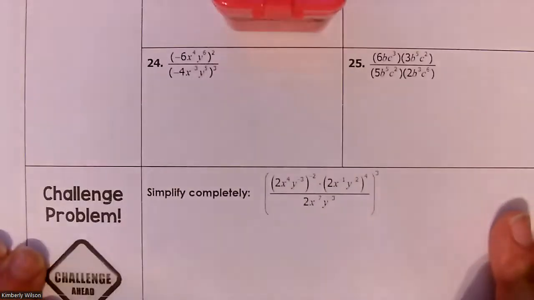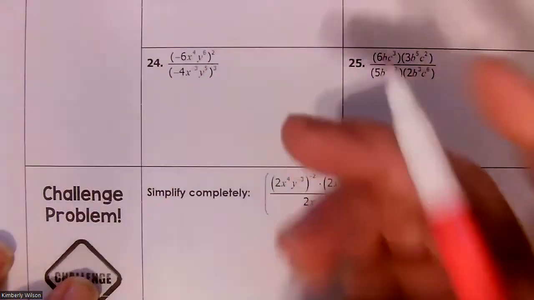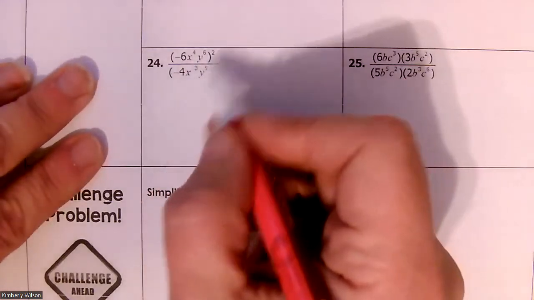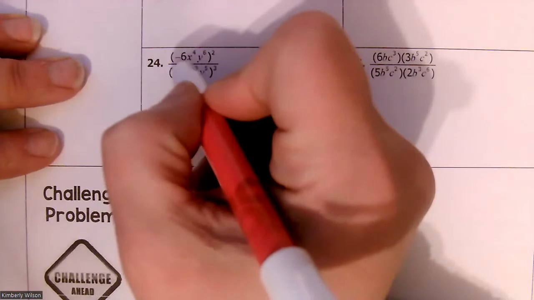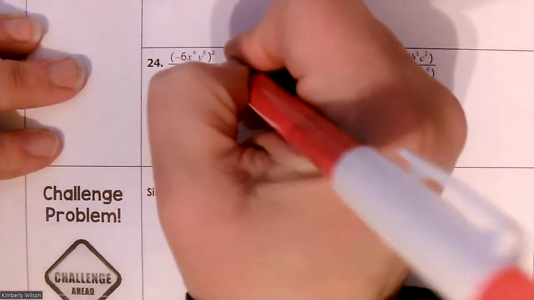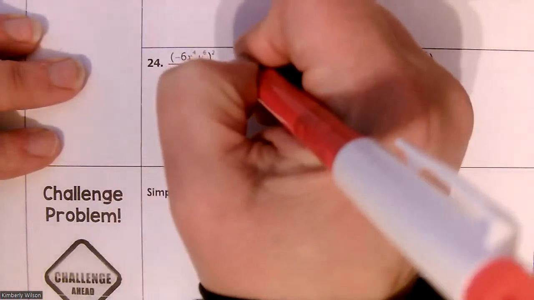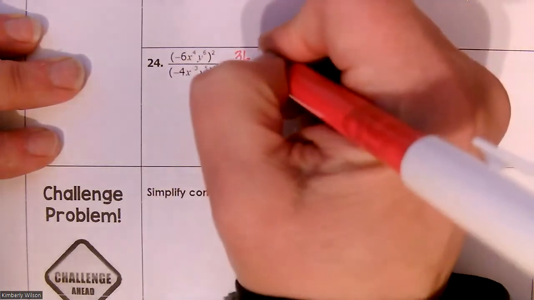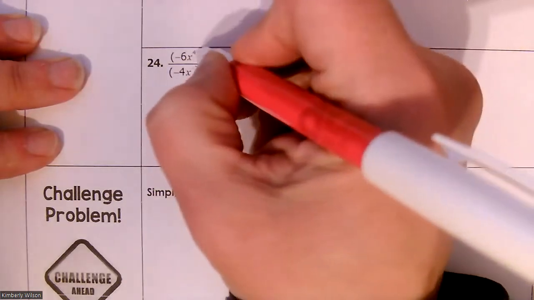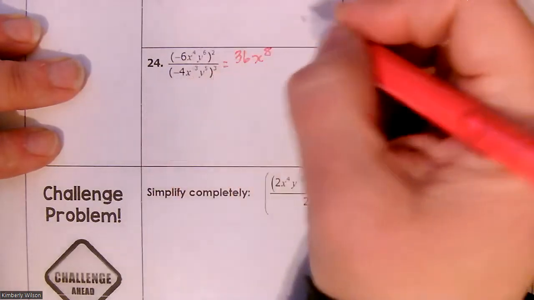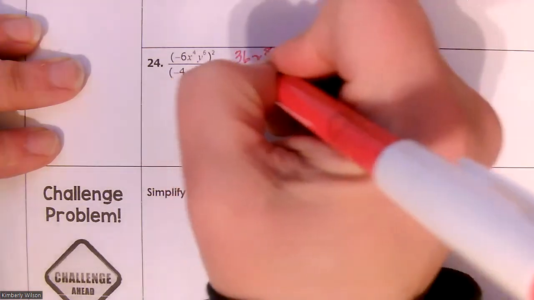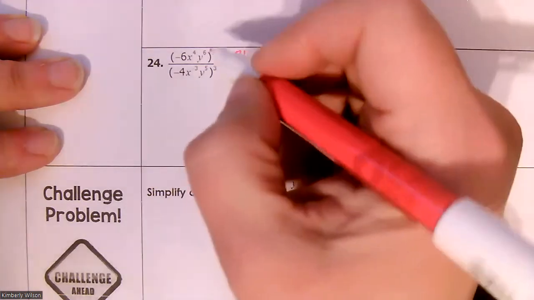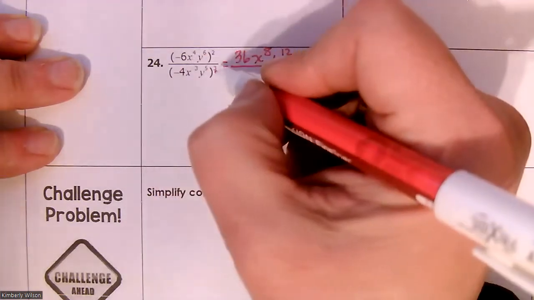Okay. So it's a power raised to a power and the quotient rule. So we've got negative 6 squared. So that's going to give me a positive 36. x, power raised to a power. So that's going to be x to the 8th, y to the 12th, all over negative 4 to the 3rd power.